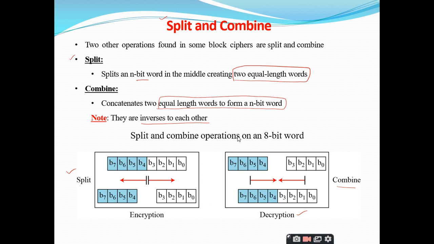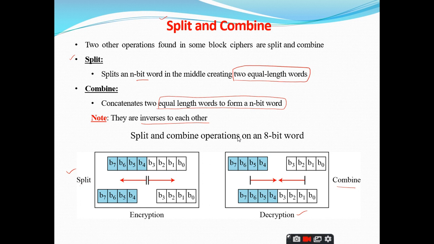And what do you mean by invertibility in cryptography? All of you please respond.